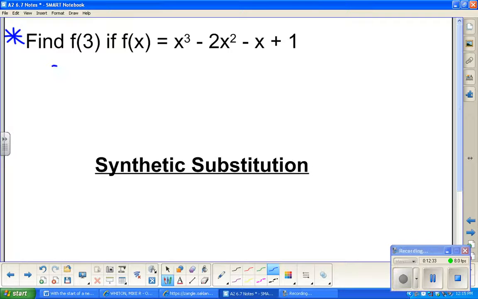So 3 to the third minus 2 times 3 squared minus 3 plus 1. I'm just plugging in 3 for each of these x's. That's all that means to do, right? And with the calculator or in your head, we should be able to simplify that to one number.